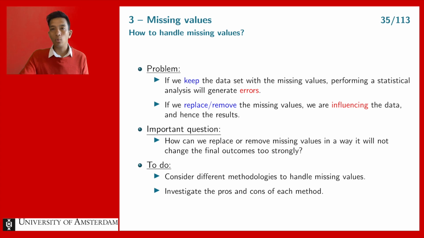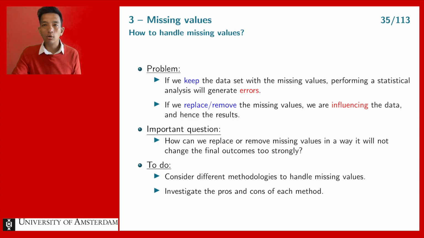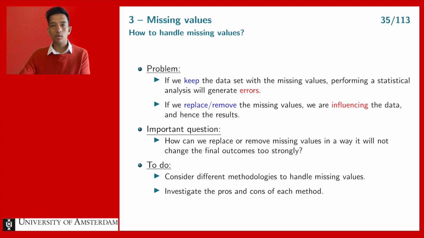Then there is the following problem. If we keep the missing values, we cannot calculate anything. If I have missing values, I cannot calculate an average. Then maybe you say, well, just delete the missing values. Or maybe you put something else there, and then you have a number, an observation, and you can calculate. The problem there is that you are influencing the data set.